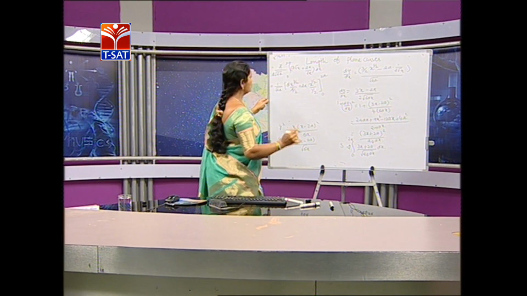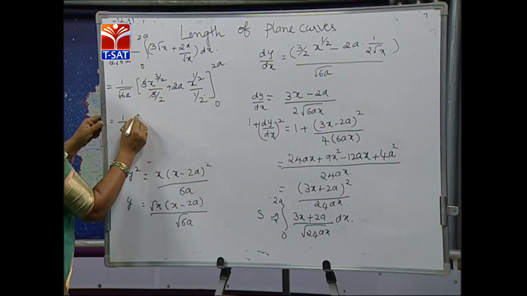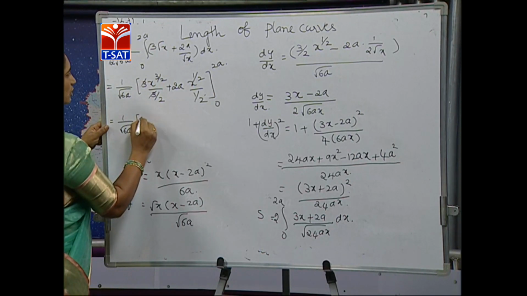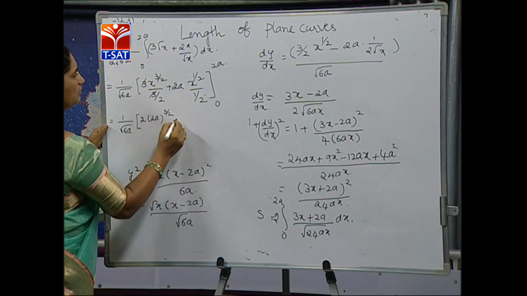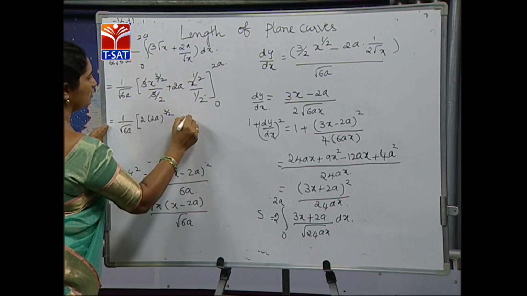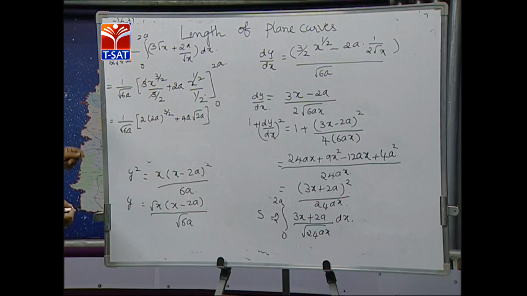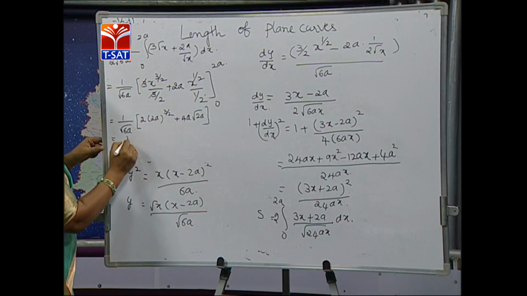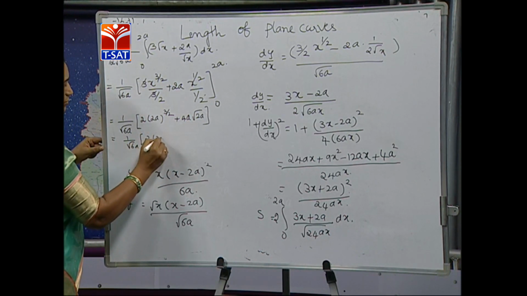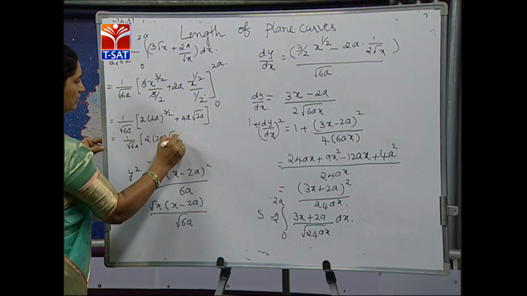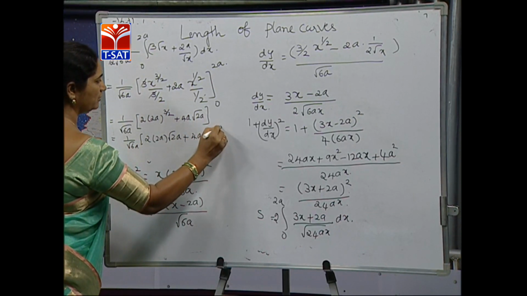So, this is equal to, applying the limits, 1 by root 6a, 2 into (2a) to the power of 3/2 plus 4a into root of 2a. Now, this is equal to 1 by root 6a, 2 into 2a into root 2a plus 4a root 2a.